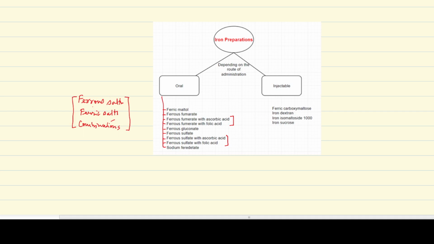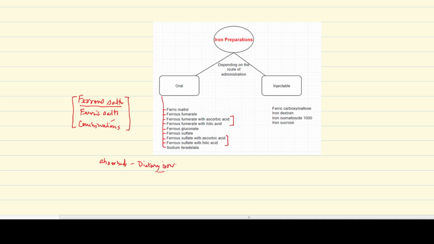So the big picture is we've got oral preparations which are ferrous salts, ferric salts, and combinations. From our previous discussion, it's pretty clear that the ferrous salts are more bioavailable. Okay, so that's why in the classification of the clinically used drugs, we've got ferrous salts predominating. All right. So ferrous salts and these oral drugs are absorbed similar to the dietary iron.